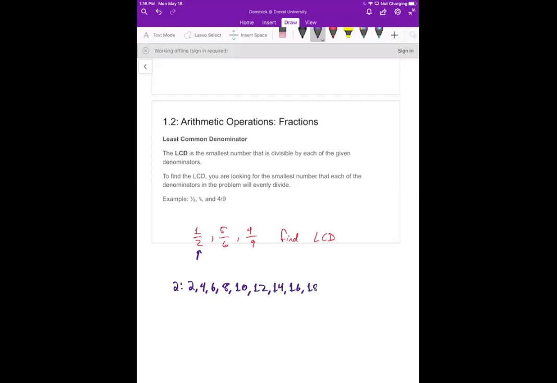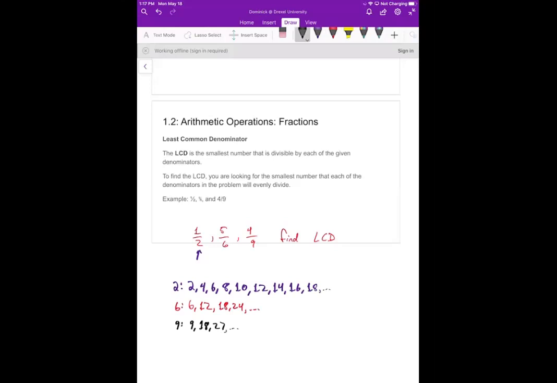If you look at 5 over 6, whose denominator is 6, we have 6, 12, 18, 24, and so on, right? And of course, if we look at 9, we have 9, 18, 27, and so on.